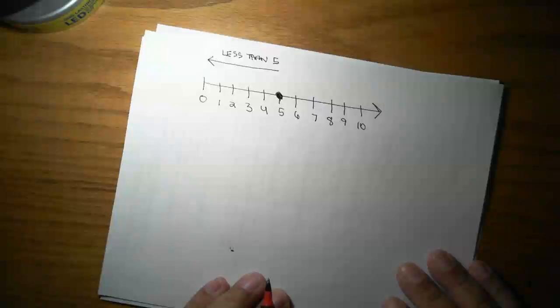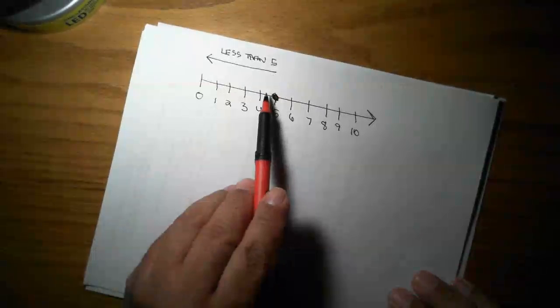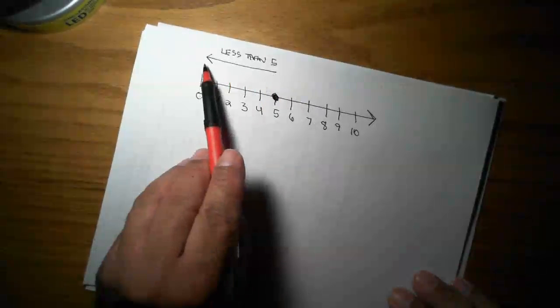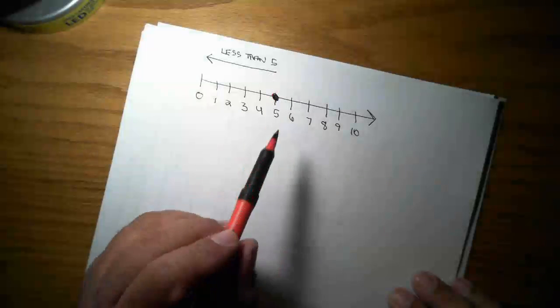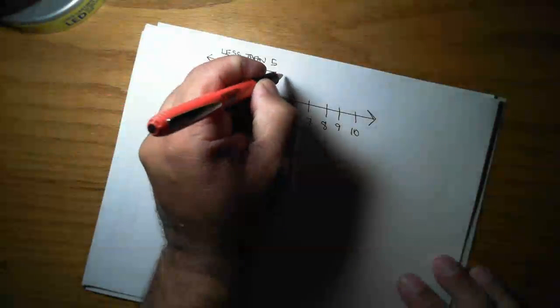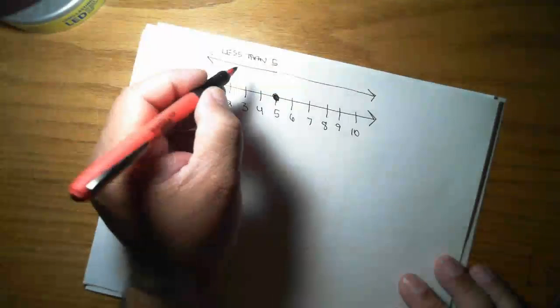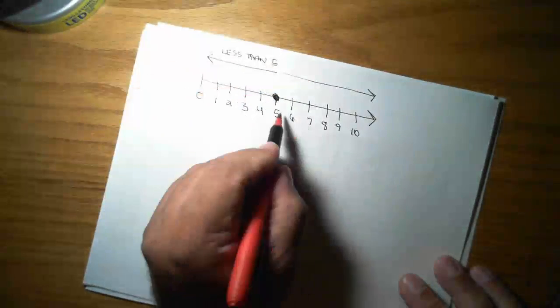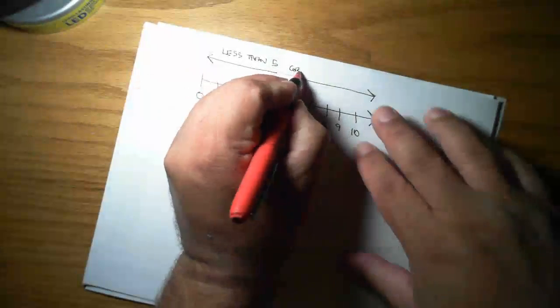Okay? And that's also to say that if everything to the left of the 5 on a number line is less than 5, then we must also say that everything that is to the right of the 5 on the number line is greater than.